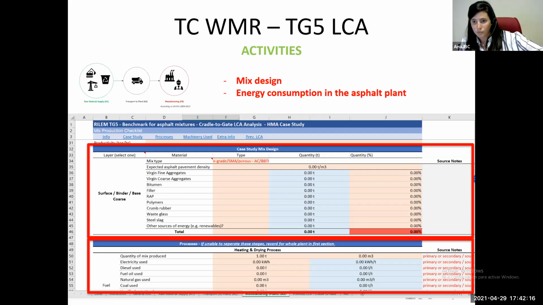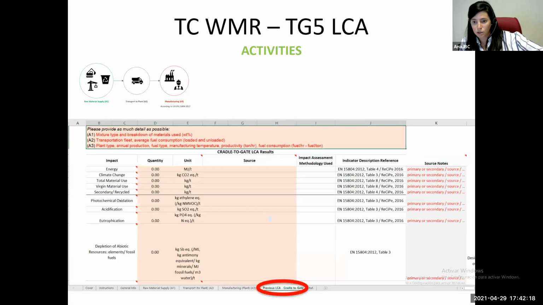Okay. And then in the template, we also give the chance to tell us if you have done any previous LCA of that asphalt mixture. So imagine that you already performed this type of exercise, and what you have is actually the impact indicators of that mix.